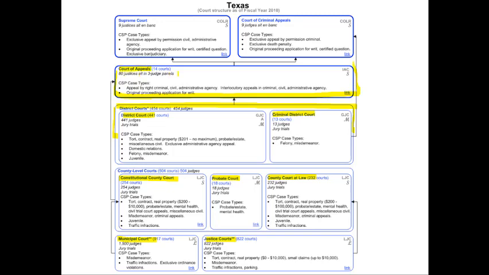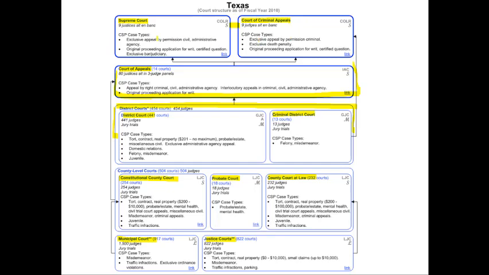There are 14 of those in the state of Texas, and Texas is somewhat unique in that they actually have 2 final courts. They have a court that's actually called the Supreme Court, and they also have another court that's equally as final as that Supreme Court, and they call it the Court of Criminal Appeals.